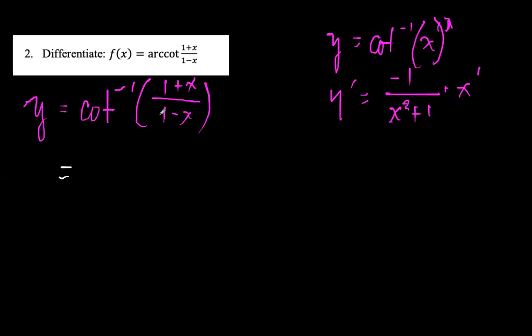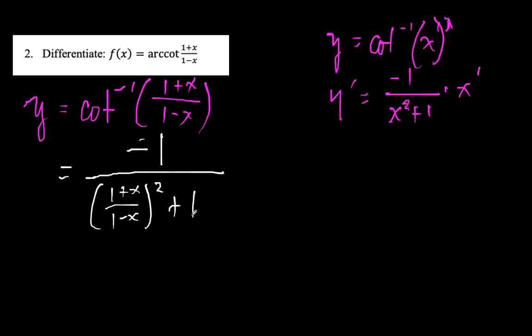All right, so now let's use the formula here. So this is negative 1 over (1 plus x over 1 minus x) squared plus 1, times the derivative of this. So, 1 plus x over 1 minus x, prime.